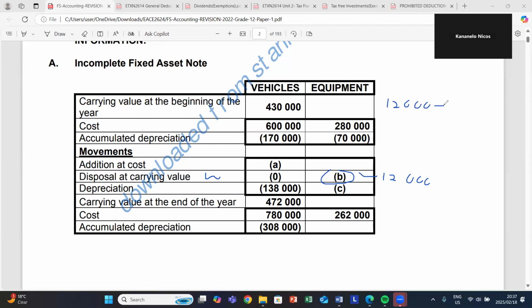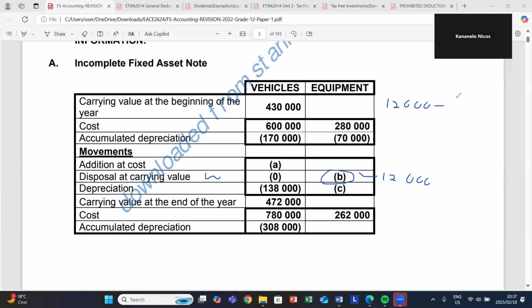And then for the current financial year, we used our asset. When you are using your asset, obviously its value is going to decline, but that's limited to your vehicles and equipment. Our carrying value at the beginning was 12,000 rand, but then we used our asset and it has depreciation.